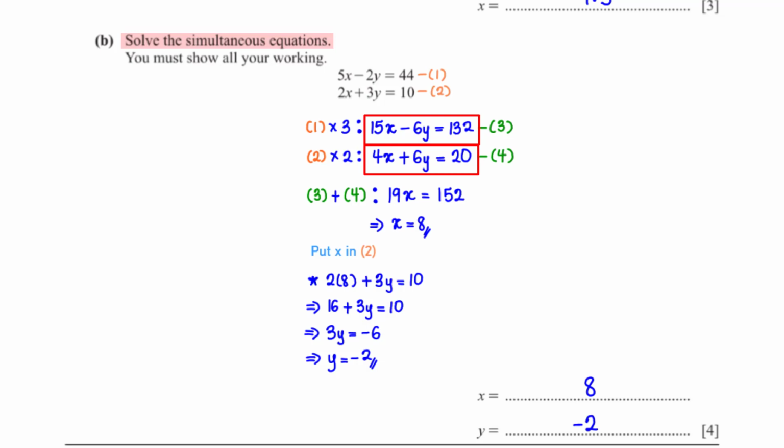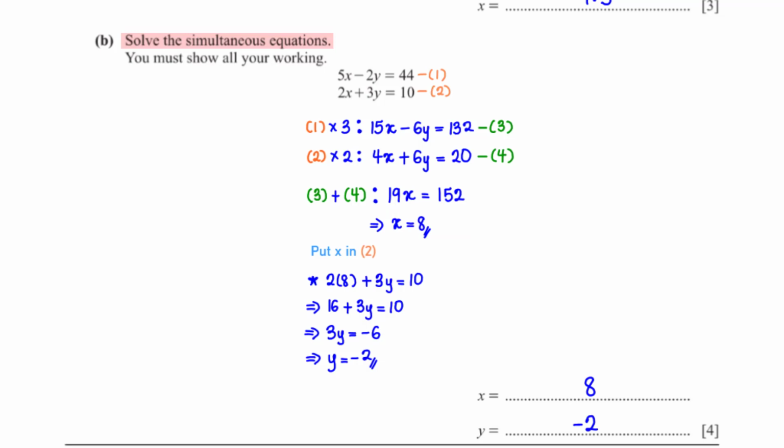Now that we have -6y in equation 3 and 6y in equation 4, we can eliminate y by adding equation 3 to equation 4. This gives us 19x = 152. When we divide both sides by 19, we get x = 8. So now we can plug in the value of x into any of the equations to get y.